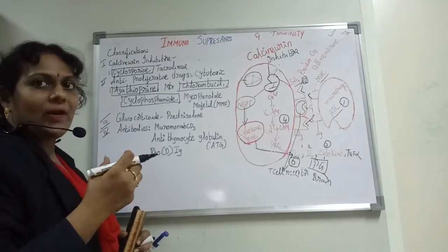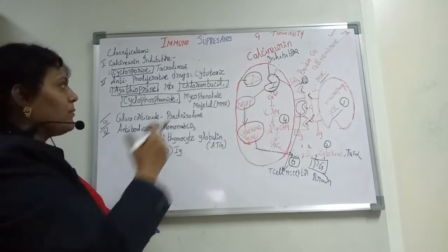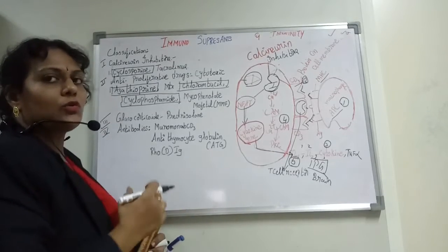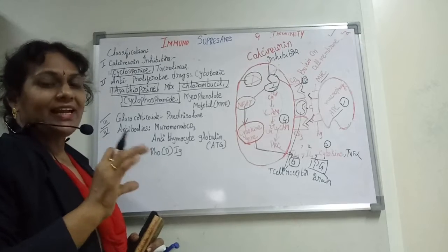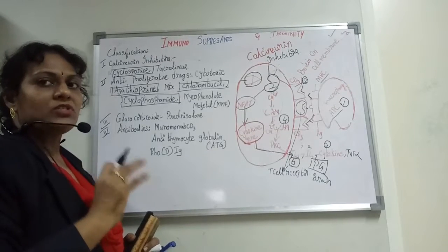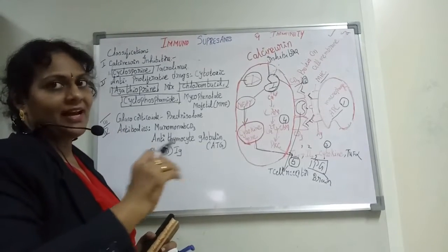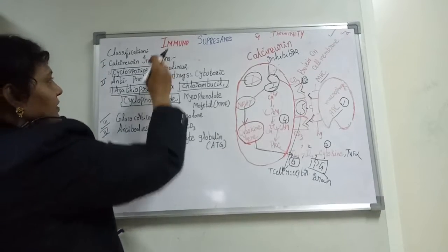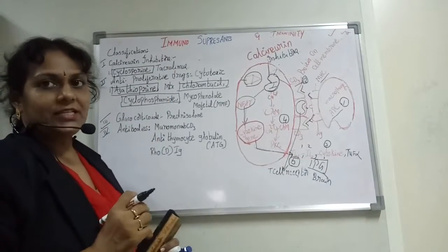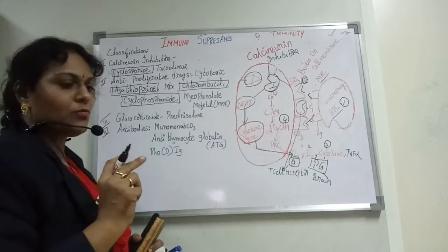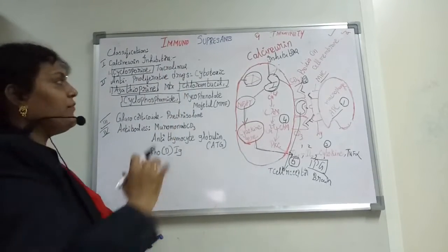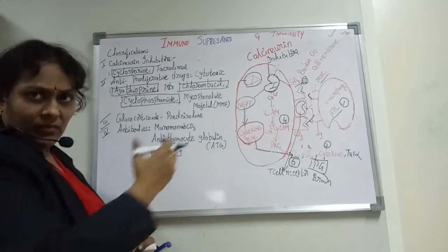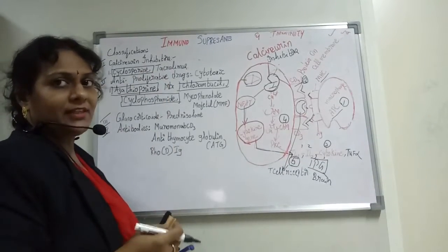So if they ask you any question regarding chlorambucil, or cyclophosphamide, or azathioprine, you need to give the same mechanism of action. Why? Because they belong to the same classification of drugs. And in the first one also, as I told you, it is calcineurin inhibitors, where two drugs are most famous, cyclosporin and tacrolimus, and out of which cyclosporin will be studied in the further class.